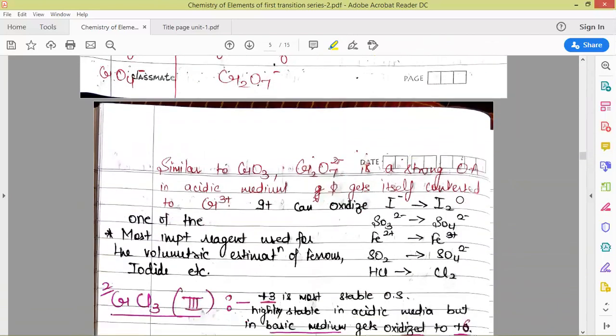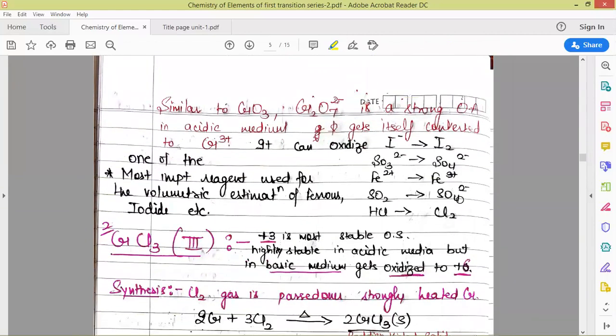Further, similar to CrO3, one more compound, dichromate, is also a strong oxidizing agent in acidic medium and gets itself converted to Cr3+. Here chromium is again in +6 oxidation state, and after its oxidizing action it gets converted to the most stable oxidation state of chromium, that is +3.